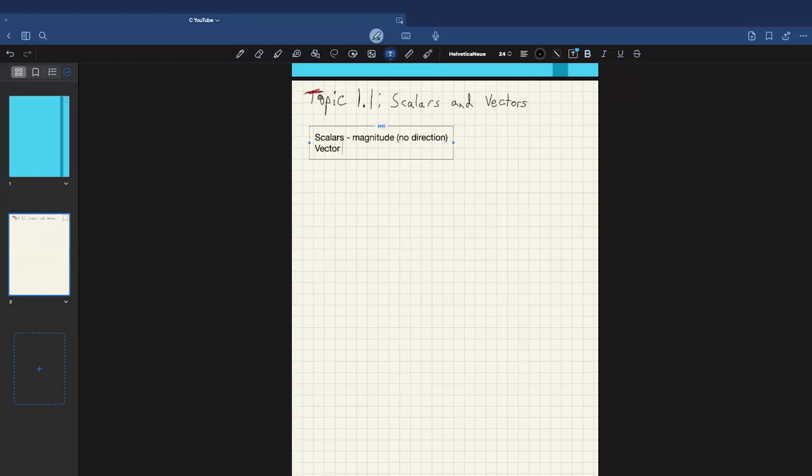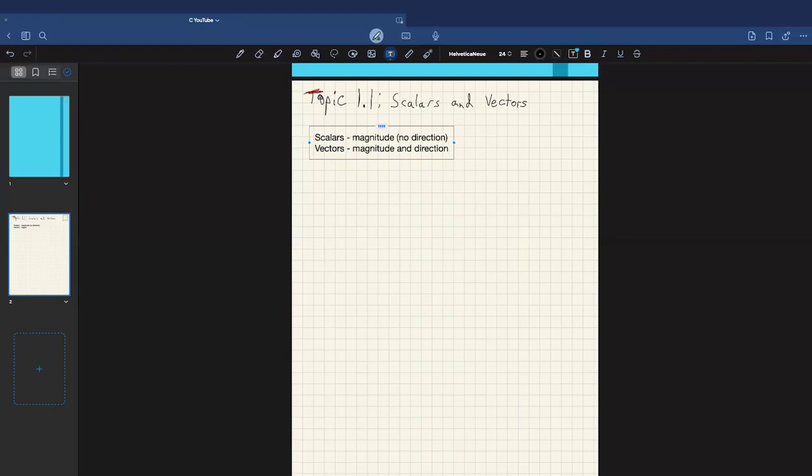A vector, on the other hand, has both magnitude and direction, right? It has some sort of quantifier as to how big it is, and it can be represented by something pointing a certain way, essentially. We model these vectors as arrows, right?